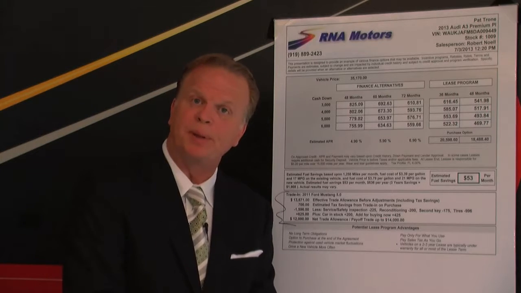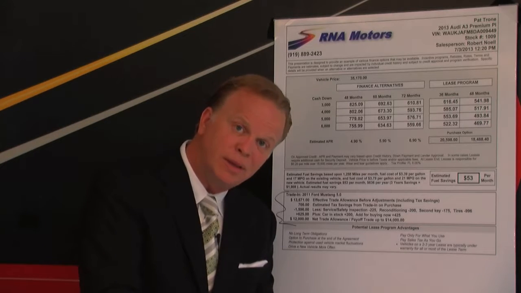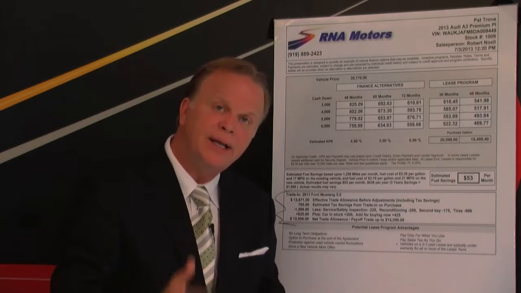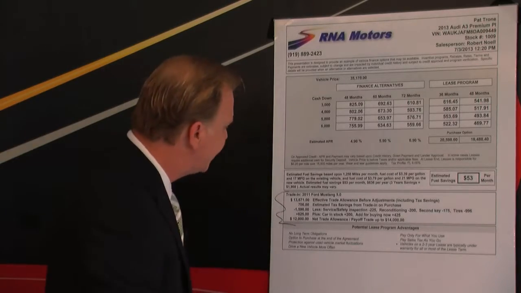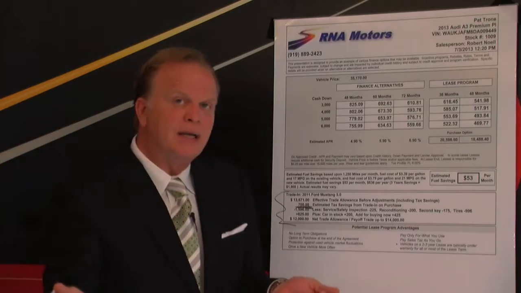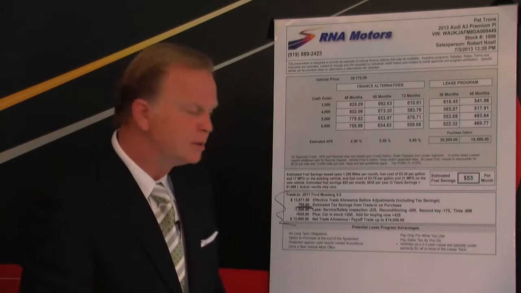That's the reason why a lot of people trade, because when we deduct the trade first, then we calculate the sales tax, it saves you money on sales tax. So as you can see here, you're saving $700 in sales tax because you're trading in the car.